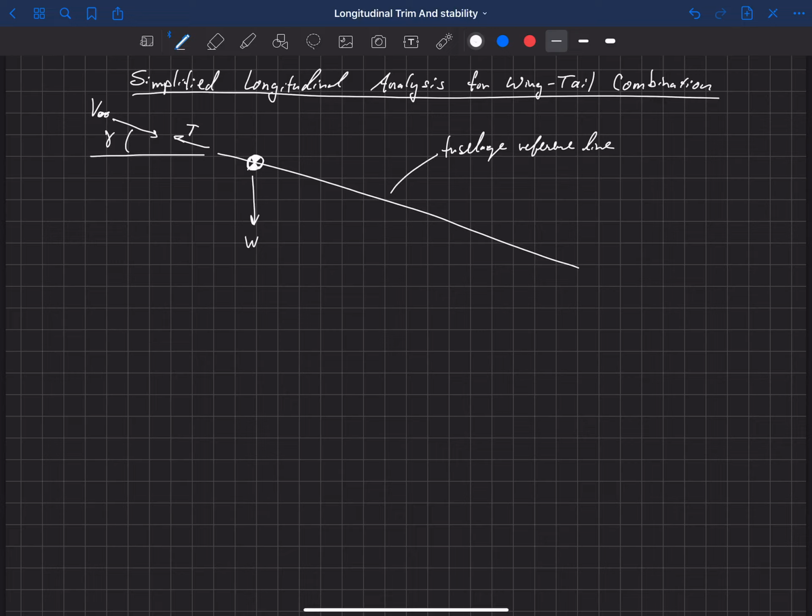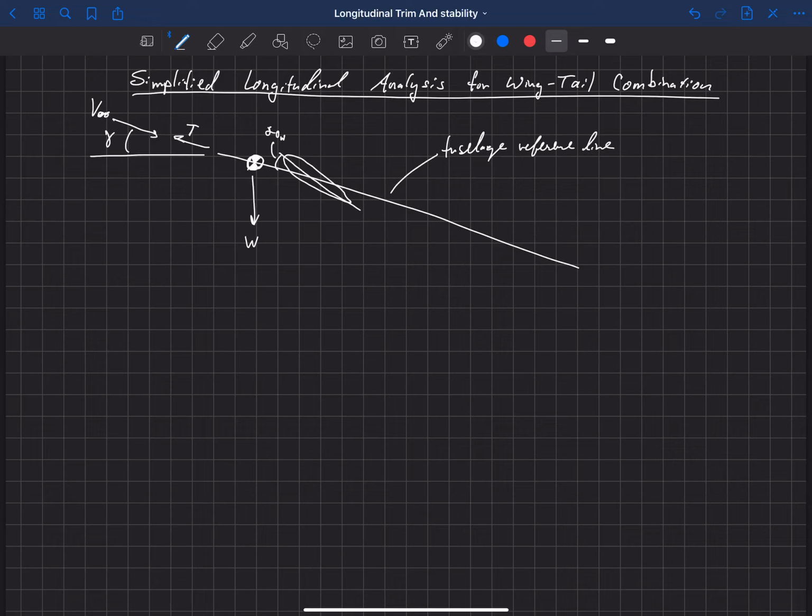And so now let's add our main wing and horizontal stabilizer. So I'm going to add the main wing up here, and we'll put that at kind of an angle here. So that main wing will have a mounting angle relative to this fuselage reference line of alpha sub 0 wing.